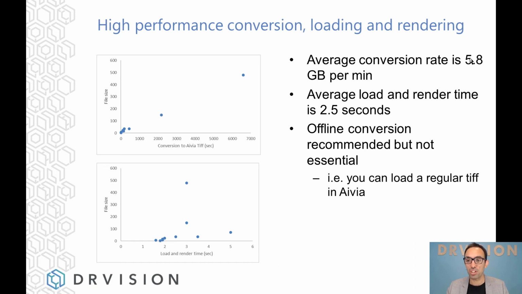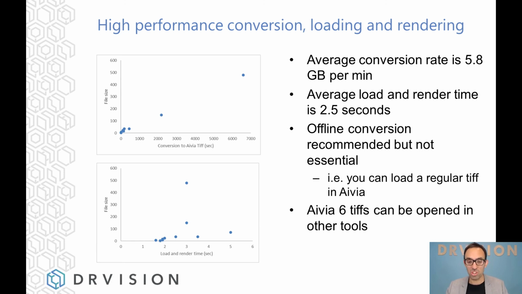And you can convert at a very fast pace, 5.8 gigabytes per minute. So I think that should help some of those microscopy facility sites that we visited during the summer. One important thing, the TIFFs that we do save, so our file format, can be opened by other TIFF readers.